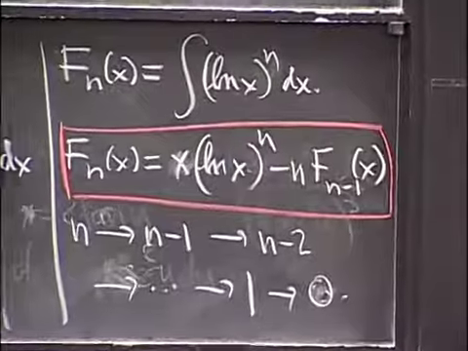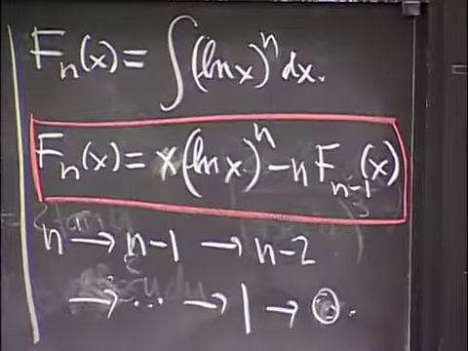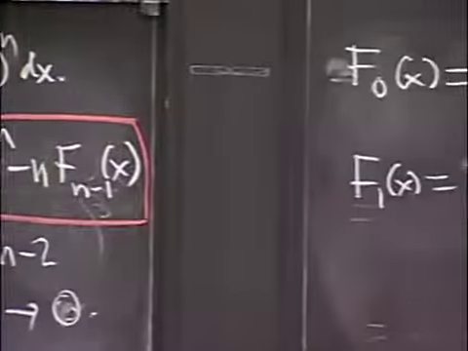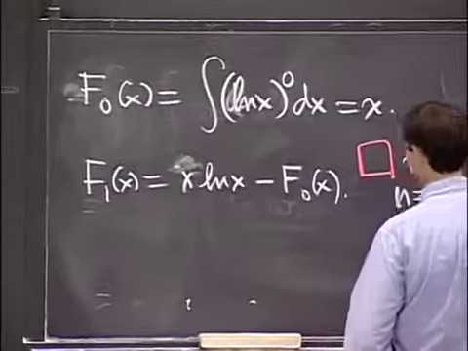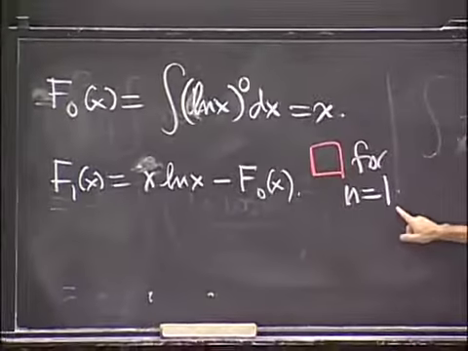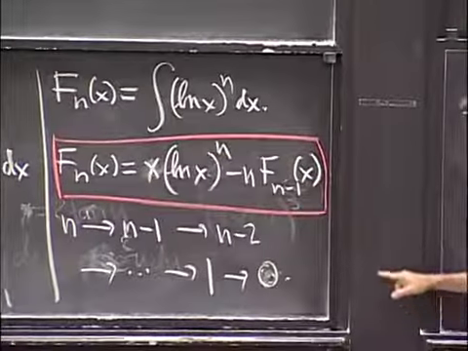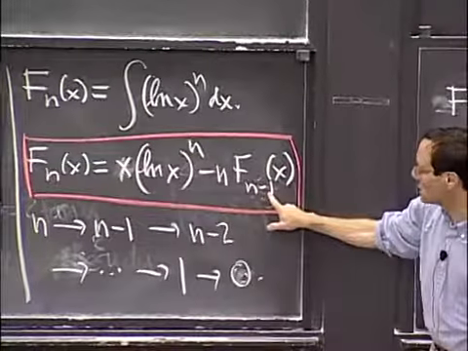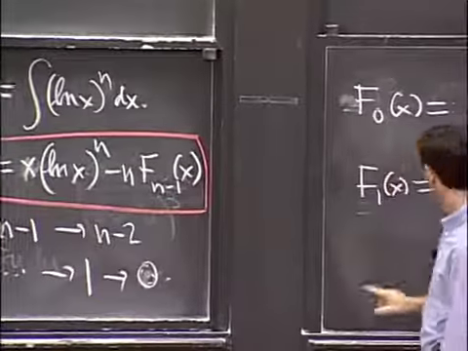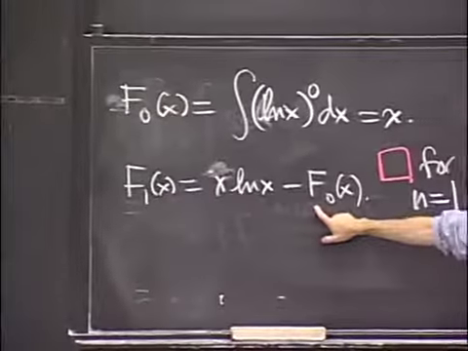And I'm applying it for n equals 1. I plugged in n equals 1 here. So here I have x log x to the 1 power minus 1 times f sub 0 of x. And that's what I put right here on the right-hand side.